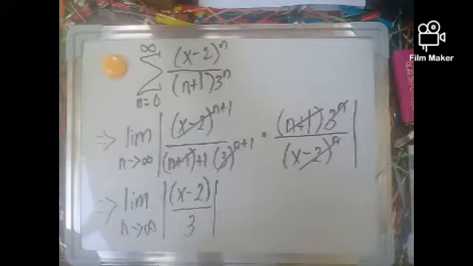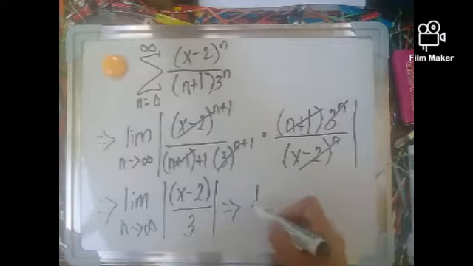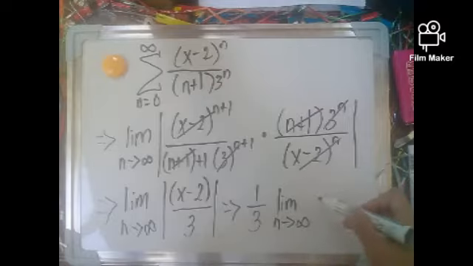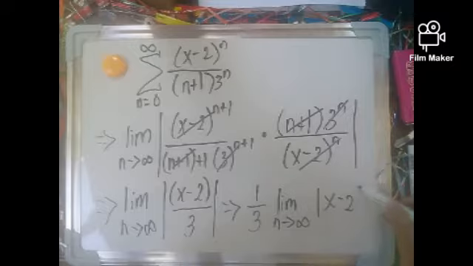So, hindi pa dito natatapos ang lahat. Ilalabas natin yung 1/3. Leave natin yung x minus 2. So, we have 1/3 times the limit as n approaches infinity of the absolute value of x minus 2.